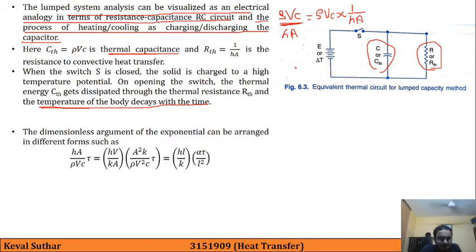So here, if you focus on HA upon rho Vc into tau, we are making some modifications.